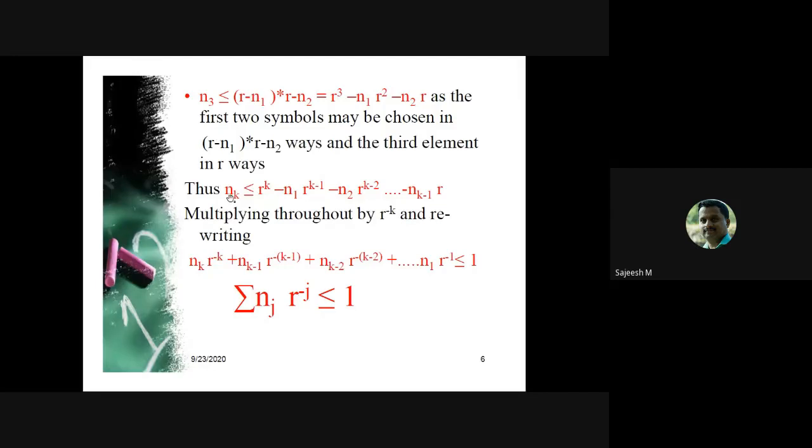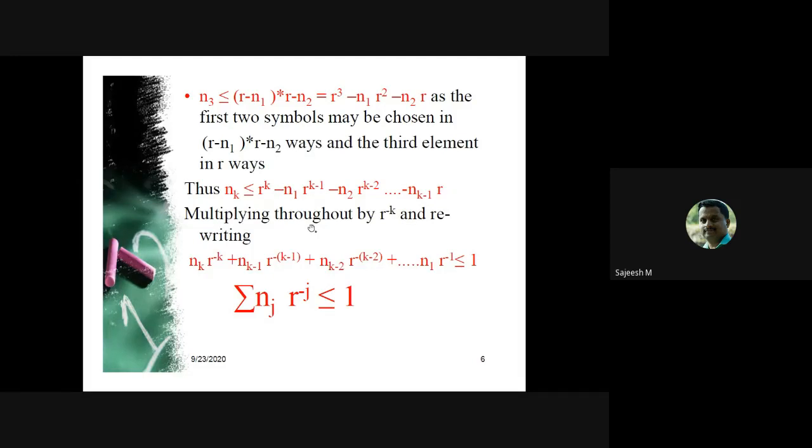Similarly, in general, we can write nk is less than or equal to r raised to k minus n1 r raised to k minus 1 minus n2 r raised to k minus 2, etc., minus nk minus 1 into r.